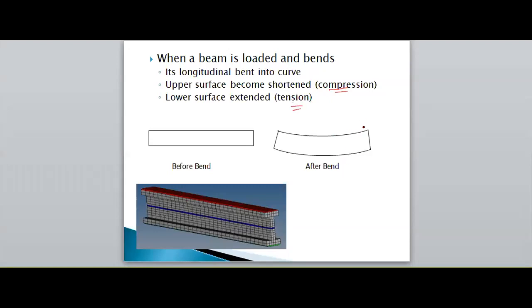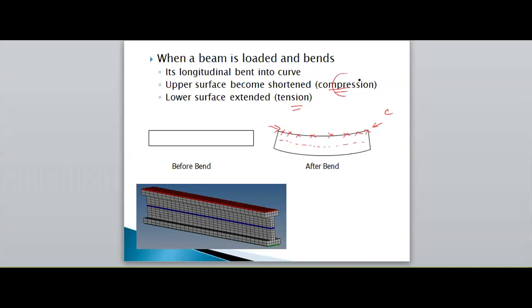Here, this is a neutral axis, we can draw a neutral axis. The upper layers feel a compression. That is, the length of the upper layer will decrease.